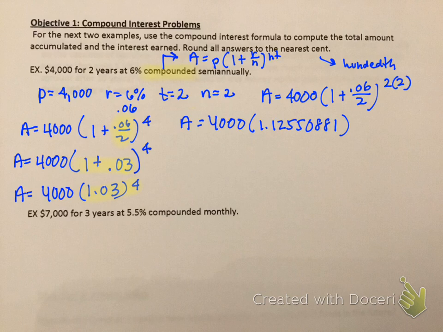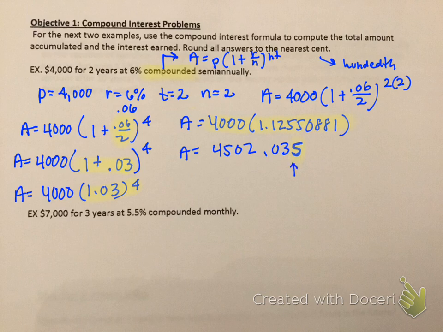So I take my calculator now and multiply 4,000 times 1.12550881. And when I do that, I get amount equals 4502.035. And once again, I took this out to the 3rd decimal, or 3rd place value after the decimal, because I'm going to round it.